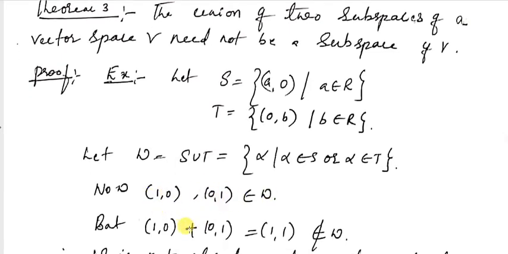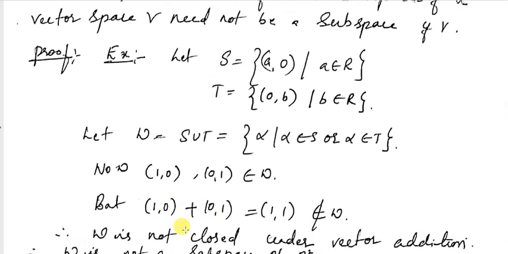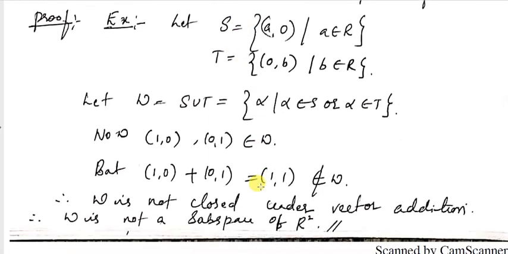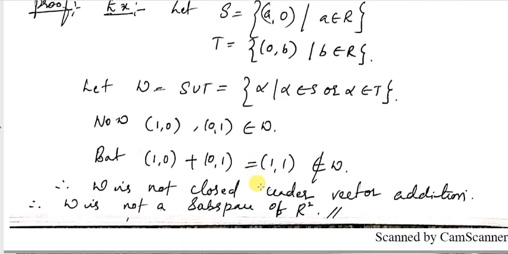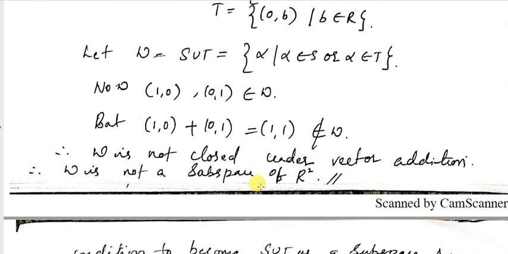Vector addition gives (1, 1), which does not belong to W, since it is not in S or T. So W is not closed under vector addition and it is not a subspace of R2.